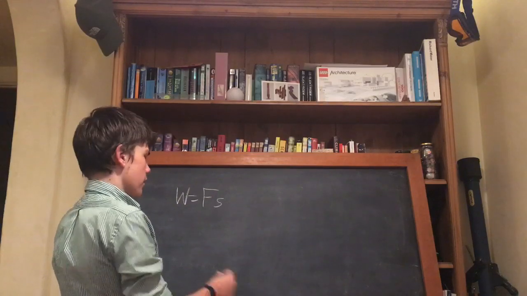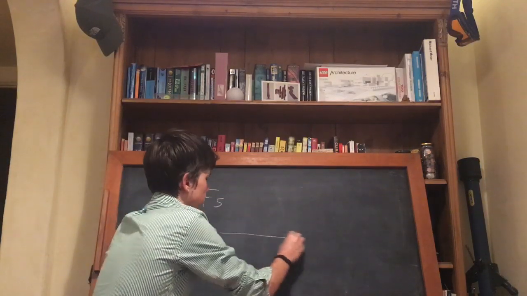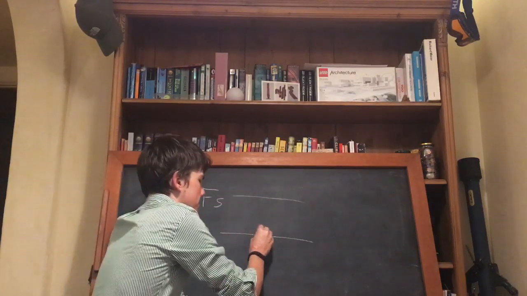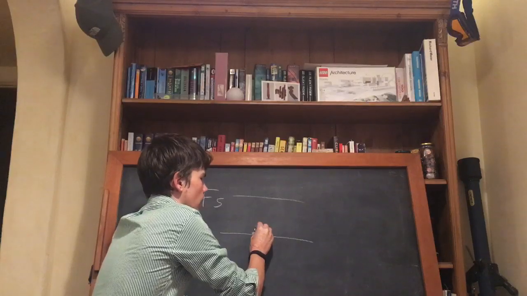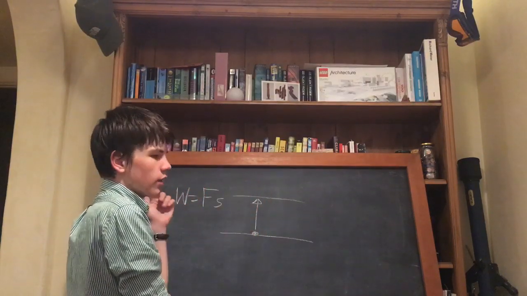For example, let's say here we have a starting point and an end point. We had an object that goes straight across.